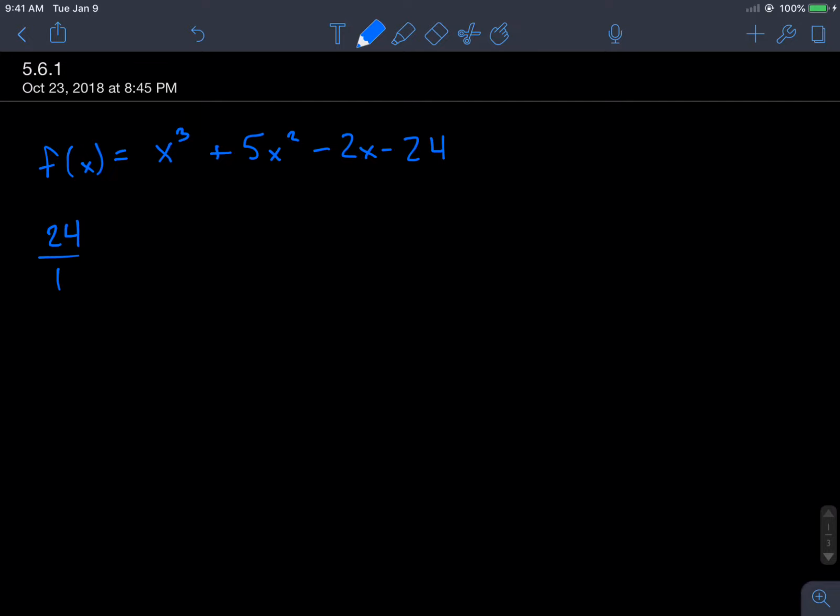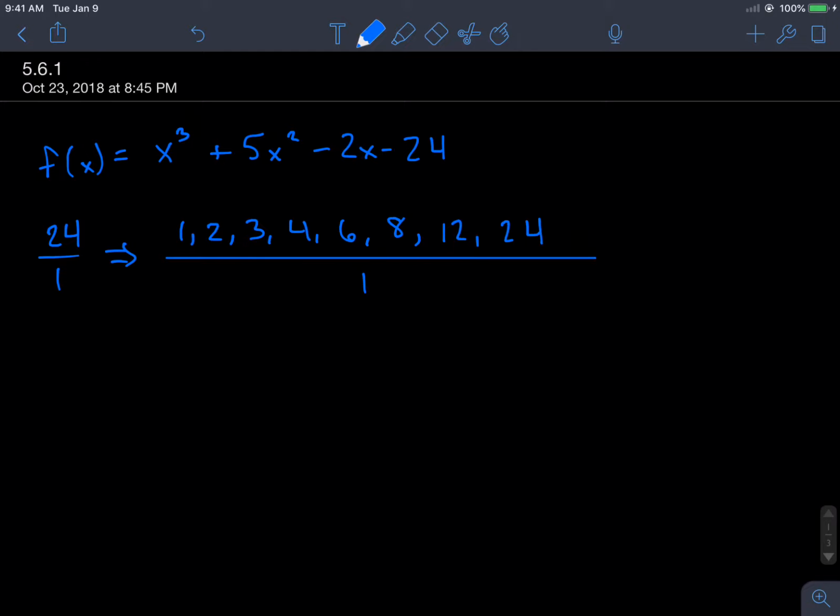But it's not the constant term over the leading coefficient, it's the factors of the constant term. So what are all the factors of 24? Well, there's 1, 2, 3, 4, 6, 8, 12, and 24. And the factors of 1, conveniently, are just 1.